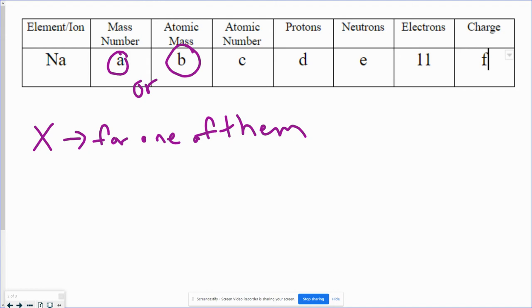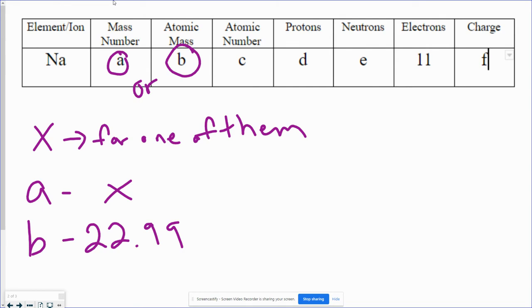So for this one, based off of the element present there, it has no mass number. So for A, I'm going to put an X. For B, I'm looking for the atomic mass. So I look at my handy dandy periodic table. I look for sodium. It has an atomic mass of 22.99.